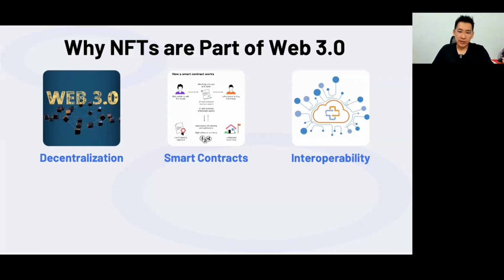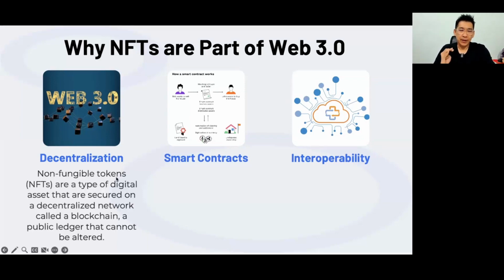So what is decentralization? Decentralization means the companies no longer control the content, so to speak, no longer have control of the database or your personal details.